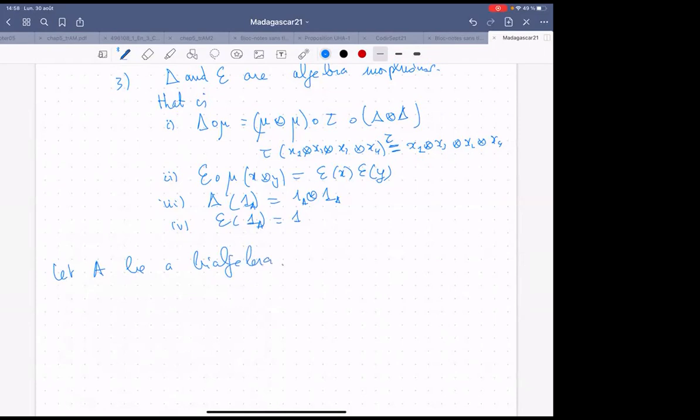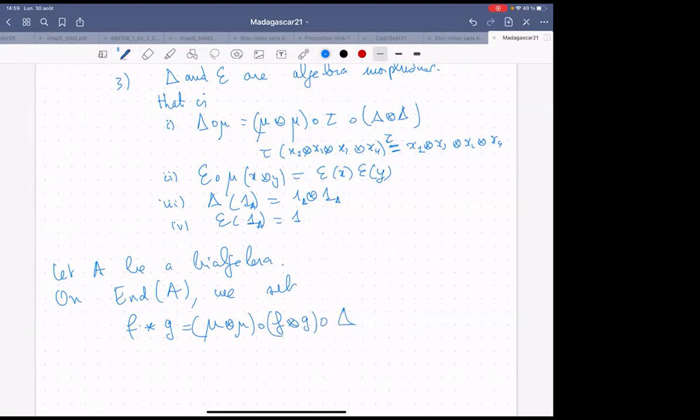Now we can endow the endomorphisms of A, Hom(A, A), with a product which we call a convolution product: F star G is mu composed with F tensor G, composed with delta.